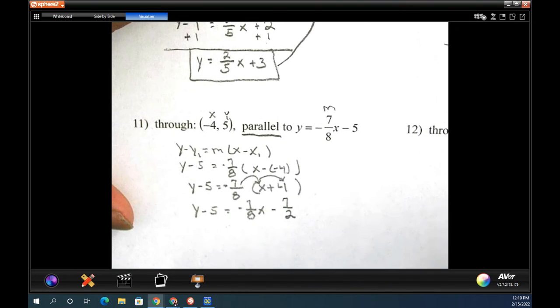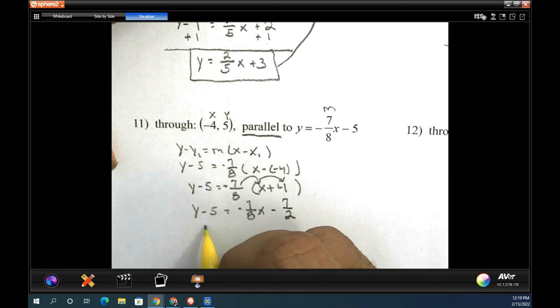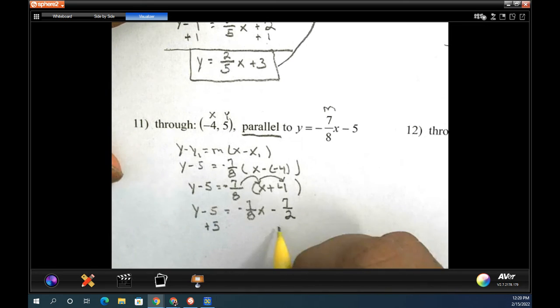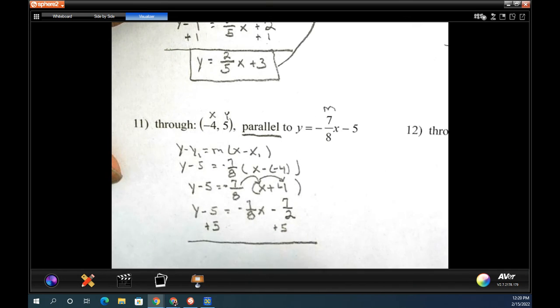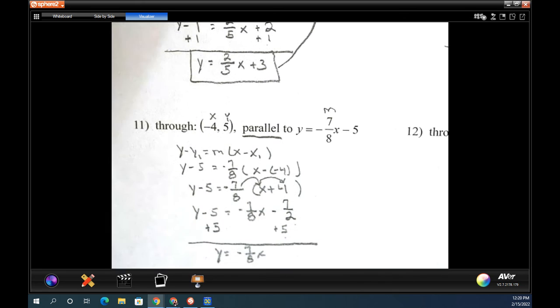What's the last step here? Add what? 5 to both sides. So, here we go again. -7/2 plus 5. So, Control Divide. -7, down arrow 2.